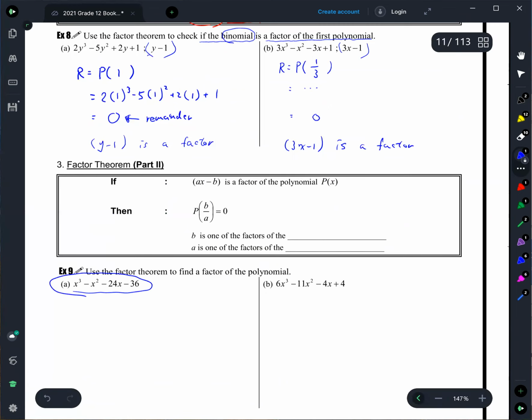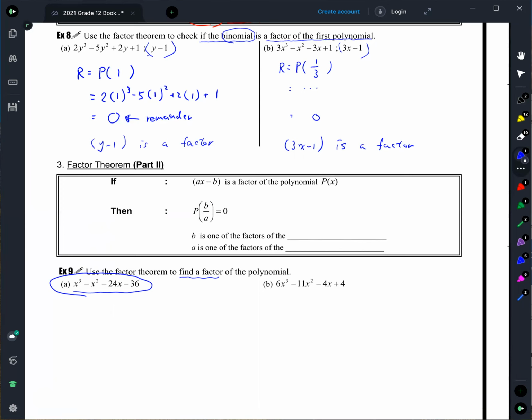Look at question 9a. They want you to use this idea, try to find a factor, but they don't tell you what it is. So how do we check? There's a rule for checking.